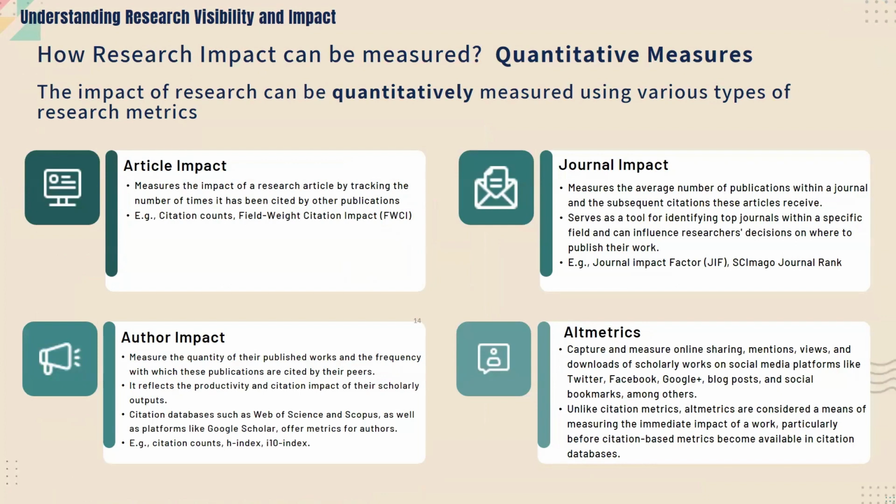The impacts of research can be quantitatively assessed using several types of research metrics, such as article impact, author impact, journal impact, and also altmetrics. Altmetrics provide an alternative view of impact beyond traditional citation. They consider online attention, social media engagement, and other non-traditional forms of recognition of research output.